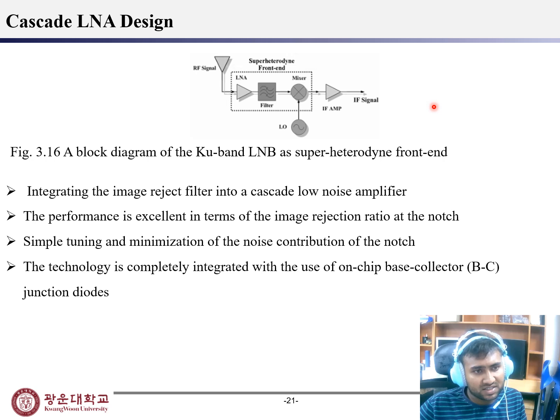By integrating the image reject filter into a cascade low noise amplifier, the performance is excellent in terms of image rejection ratio at the nodes, simple tuning and minimization of noise contribution of nodes. The technology is completely integrated with the use of an on-chip based collector junction diode.